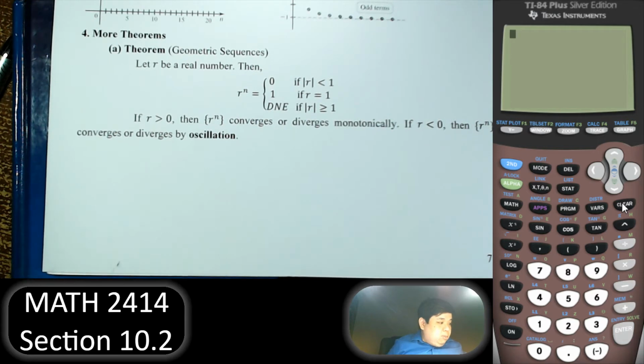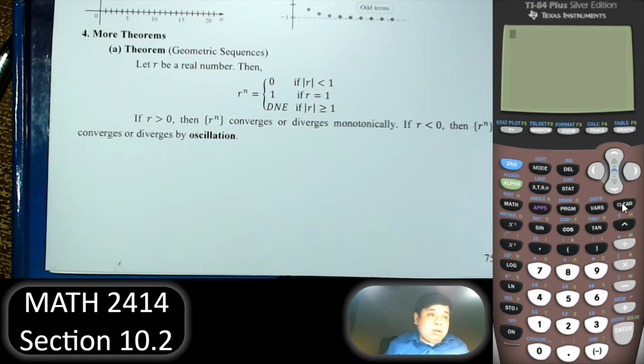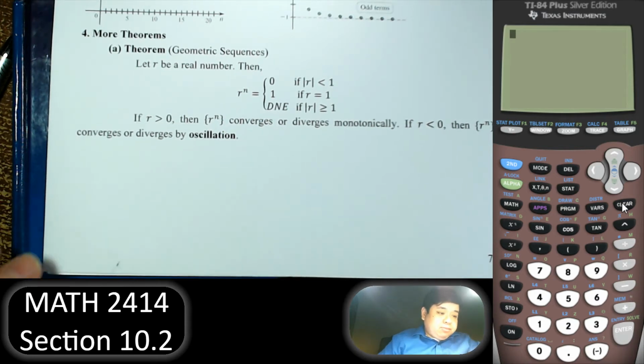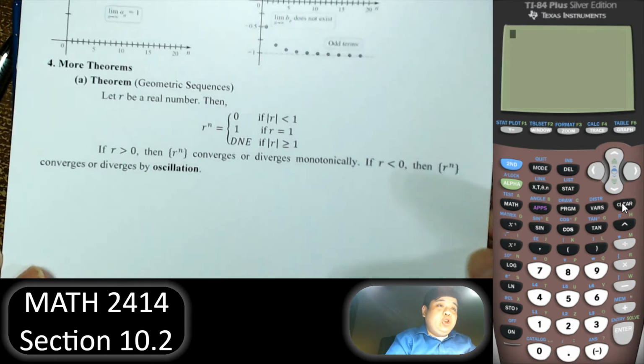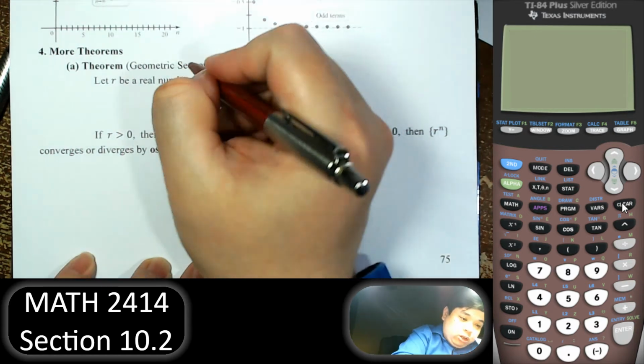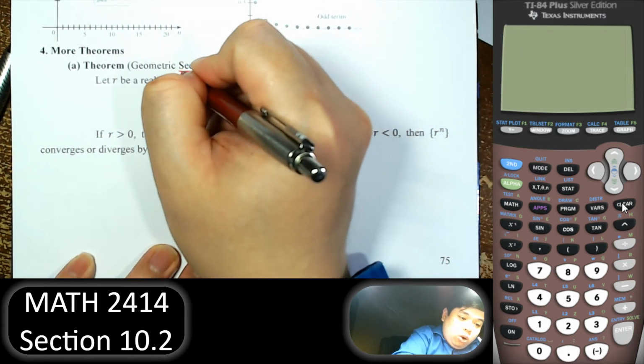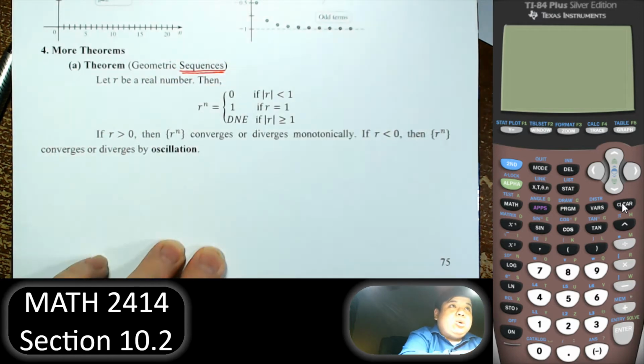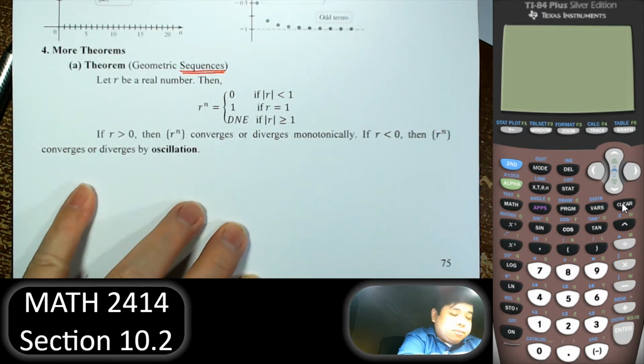Right. More theorems. Geometric sequence. Most importantly, later on we will have a geometric series, but this is a geometric sequence, meaning just one term in the sequence, not talking about the sum.